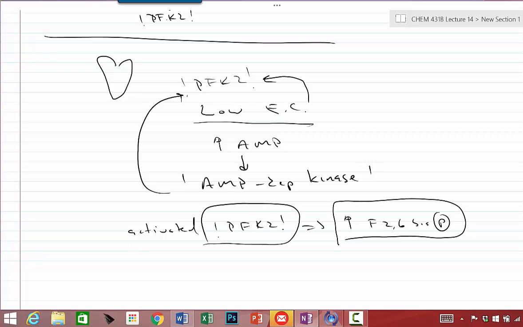And when that happens, then you lower the activity of phosphofructokinase 1, and you actually increase the activity of the gluconeogenesis enzyme, fructose 1,6-bisphosphatase, and then you get lowering of glycolysis and increased gluconeogenesis. This whole page, page 260, remember, occurs in the liver, so that the liver can now secrete glucose.